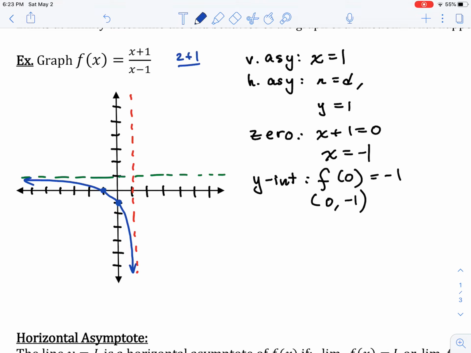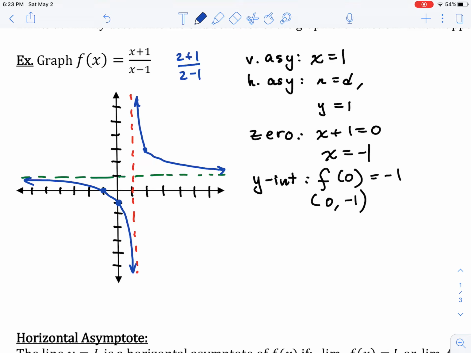When x is 2, we get 2 plus 1 over 2 minus 1. So that's just going to be 3. So 2, 3 is going to be a point right over here. And then from there, let's graph. This is going to go up this way, and this is going to go down this way. All right, so there's our rational function that we've just graphed.